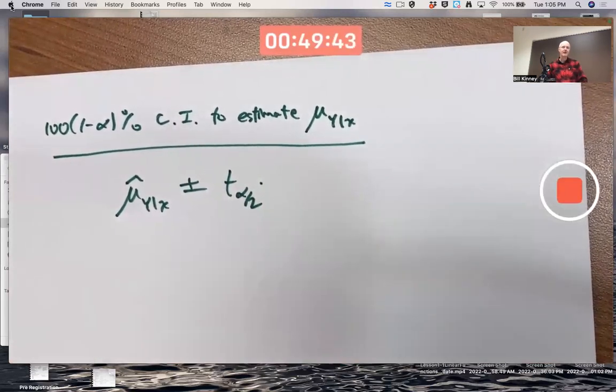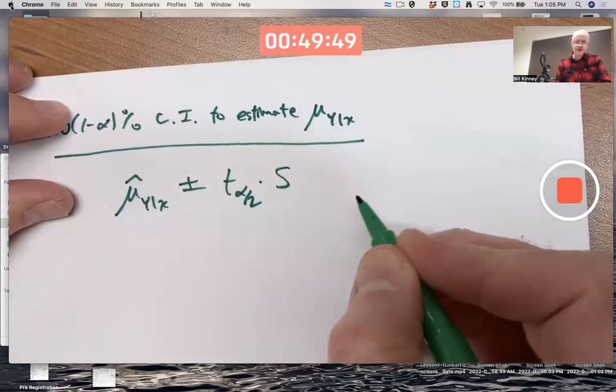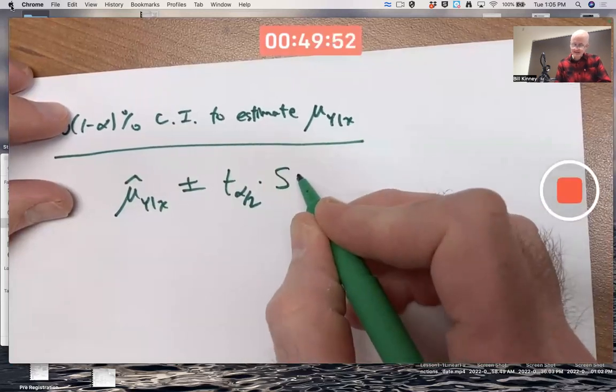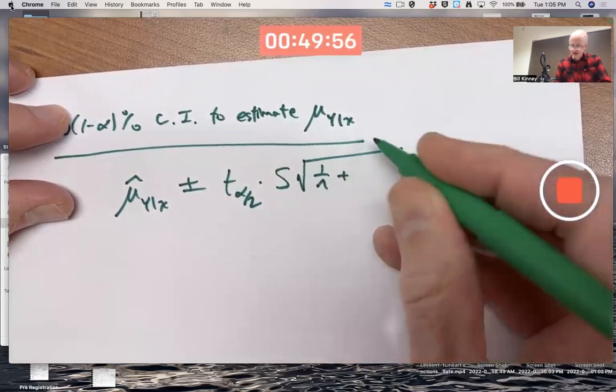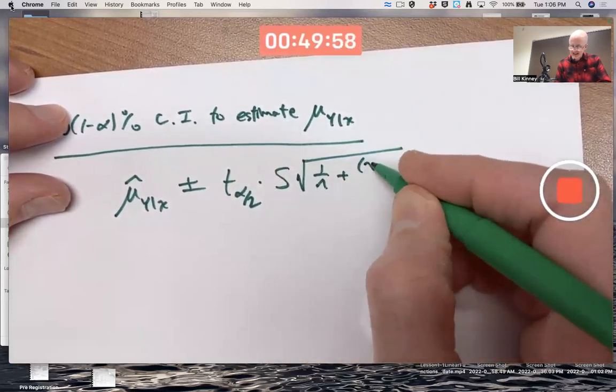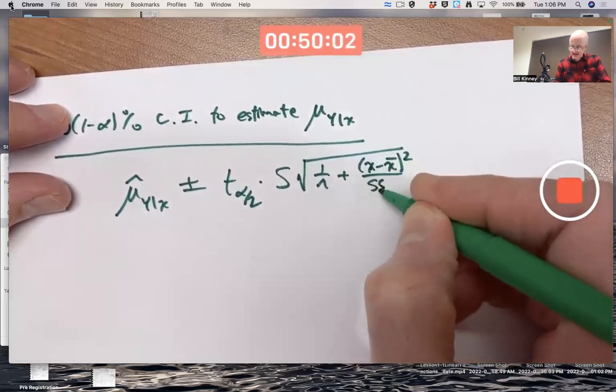What's the standard error? I'm going to see if I can do it from memory. It's the regression standard error, capital S, times the square root of 1 over the sample size plus x minus x bar squared over SSXX.